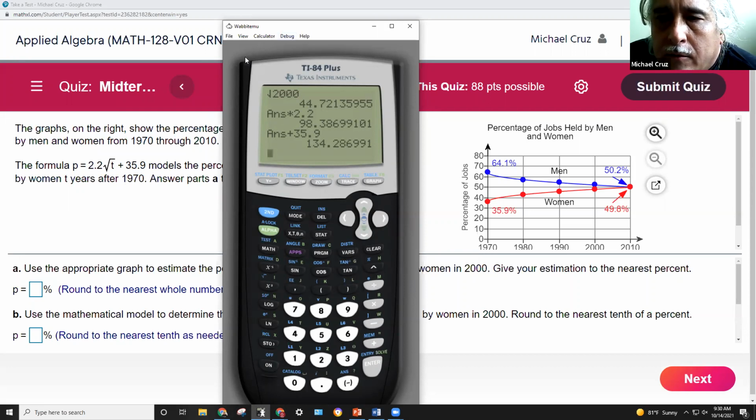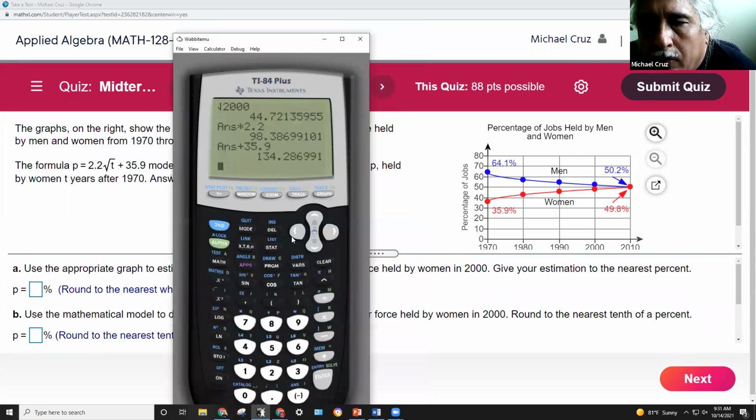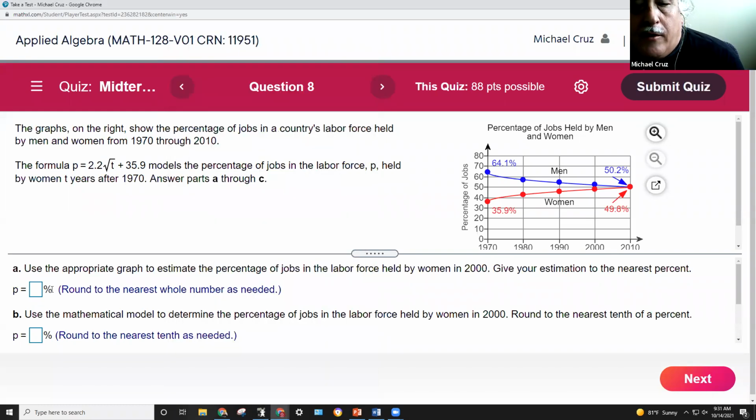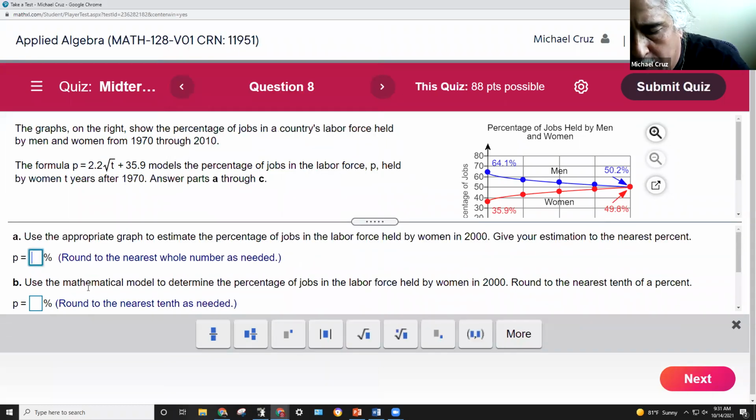Hold on. So it looks to be really close to 2000. What did it do? 2000 is the T. So they're saying that this is 49.8. So let's just call it 49. I'm not sure. I must have done something wrong.